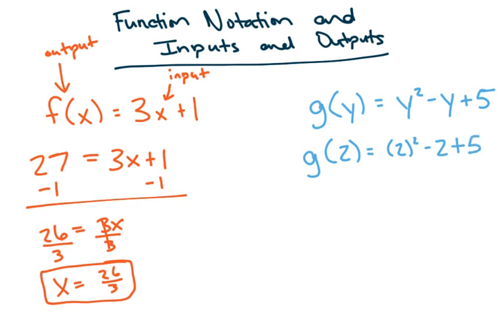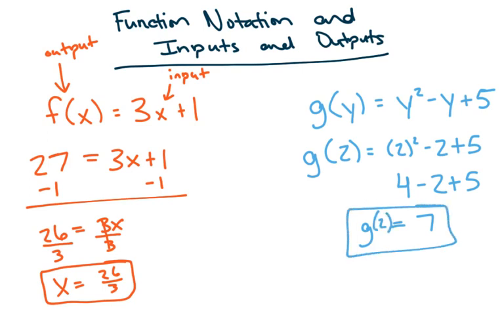Okay? So then you begin calculating 2 squared is 4 minus 2 plus 5. Okay, and then 4 minus 2 is 2, 2 plus 5 is 7. So g of 2 would equal 7.